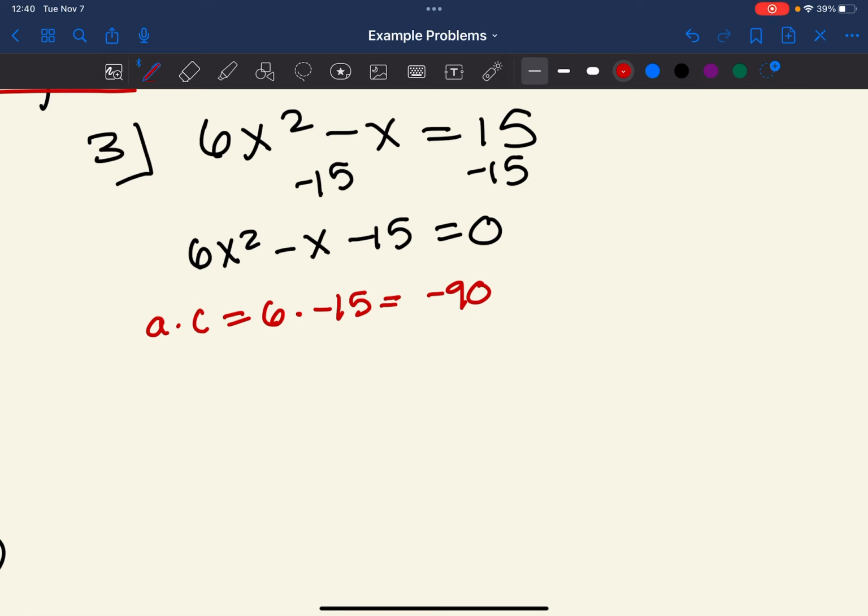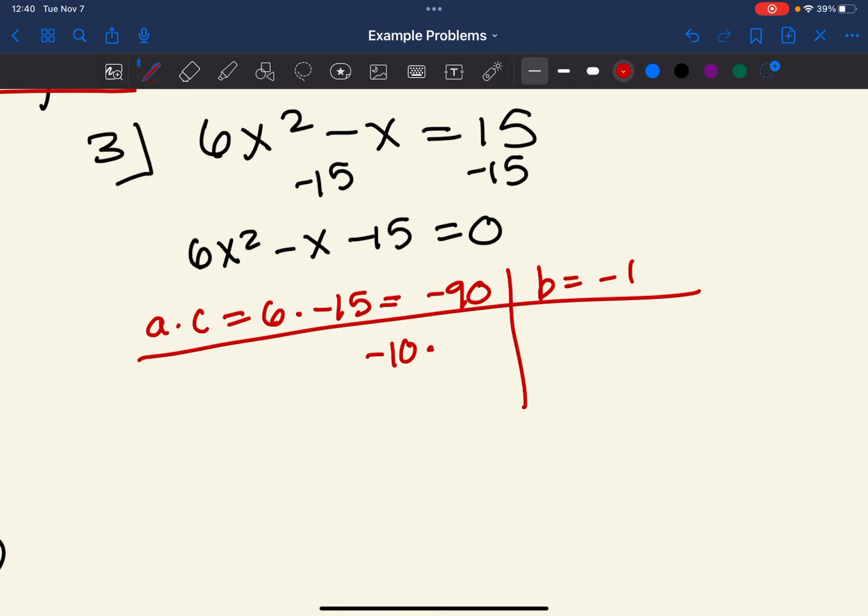Multiply that together, I get -90. And my B value is -1. So I need two factors that multiply to -90 but add to -1. And that's going to be -10 and +9. So I have 6x squared minus 10x plus 9x minus 15 equals 0.